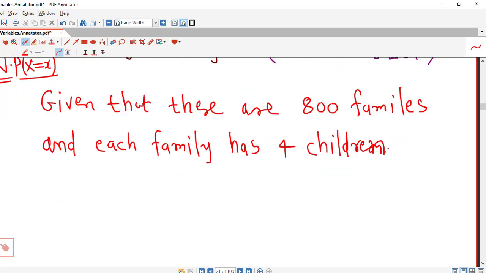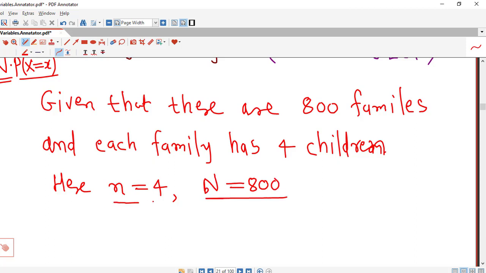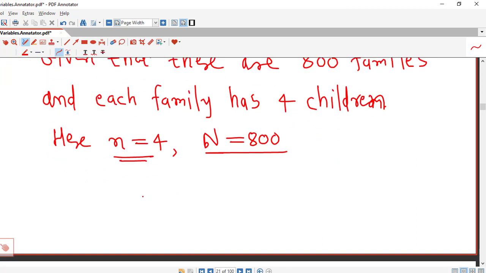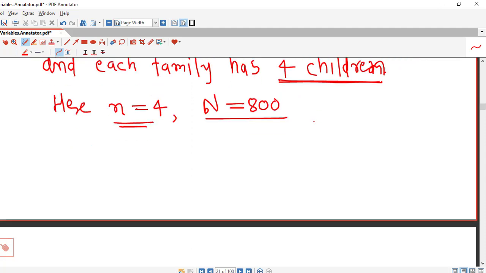This is n. So we consider small n equal to 4 and capital N equal to 800. So we concentrate on this small n equal to 4 trials, meaning for each family we have 4 children, and our random experiment is to check whether each child is a boy or girl.